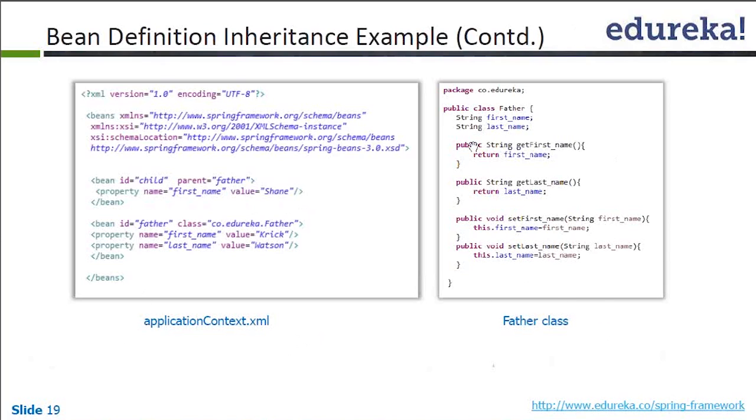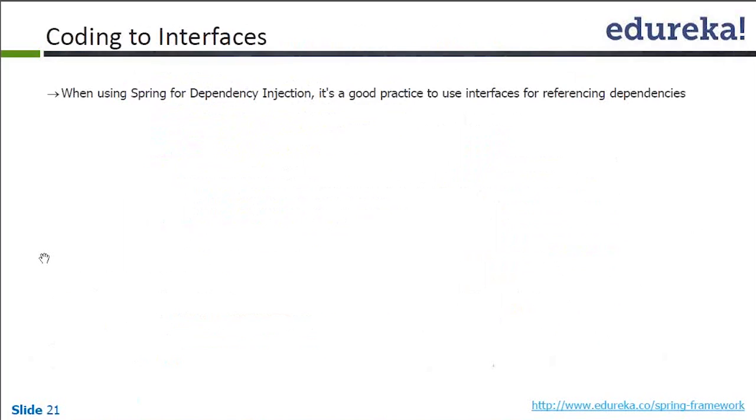Okay, so next topic. Coding to interfaces. When using Spring for dependency injection, it's a good practice to use interfaces for referencing dependencies. So what does it mean?